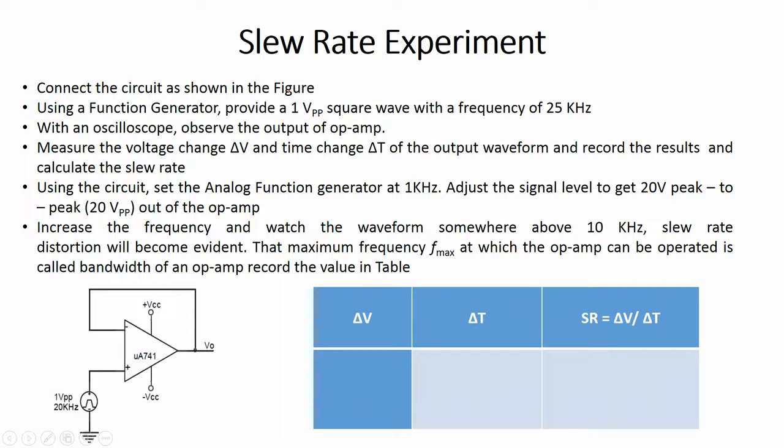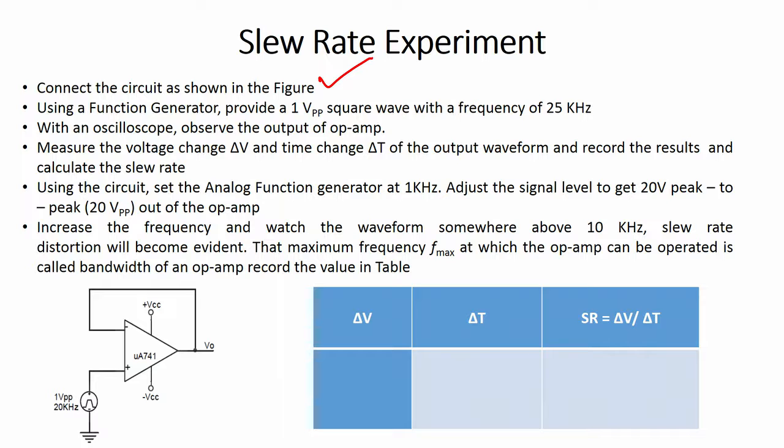What are the steps? First step is to connect the circuit as shown in the figure. These slides are with you, so you try to do this wherever you have access, in a laboratory or at home, wherever you are comfortable. Always understand how to operate any system. Safety is first. If you do not know how to use it, do not try it at home.